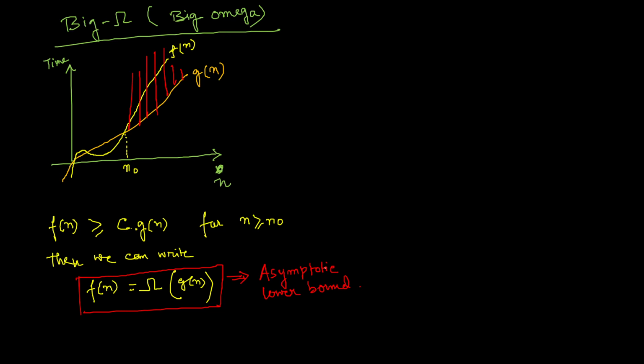Okay. So there is one more class of function. There is one more. So let's write it. That is what we call big theta.